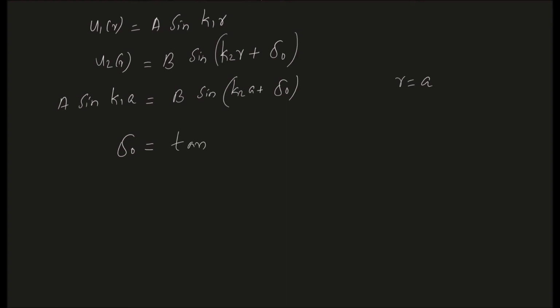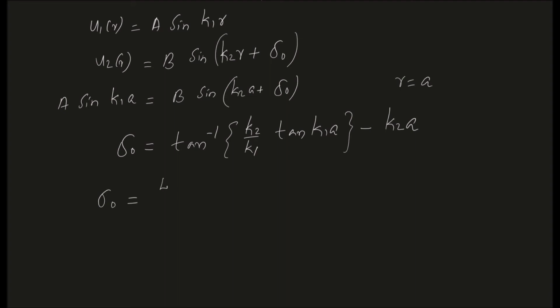That will give us tan inverse of k2 by k1 tan of k1a minus k2a. So once you know the expression for the phase shift, we can write the expression for the total scattering cross section. In this particular case, this is sigma 0.